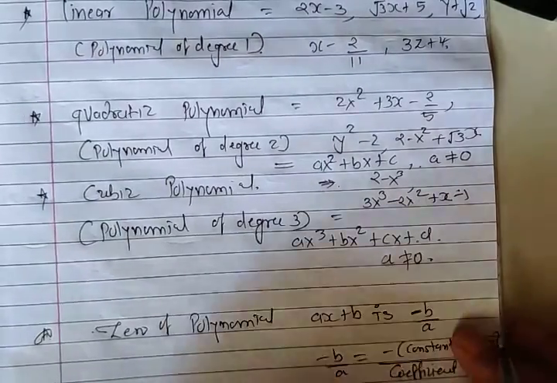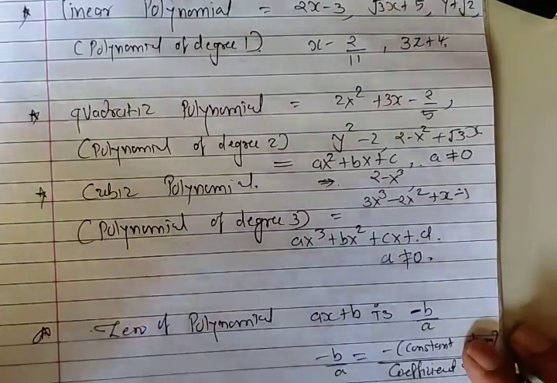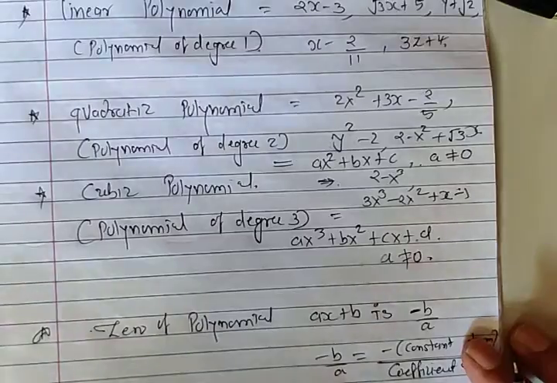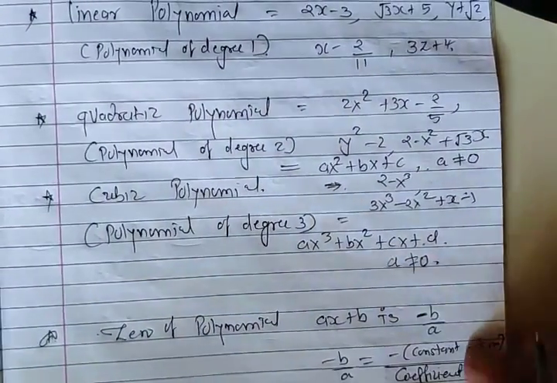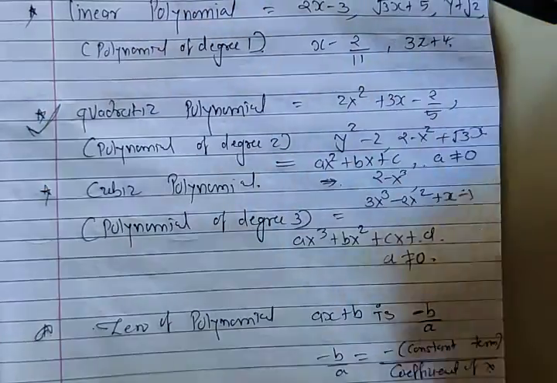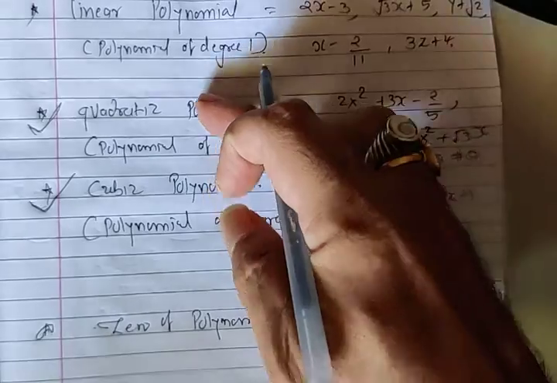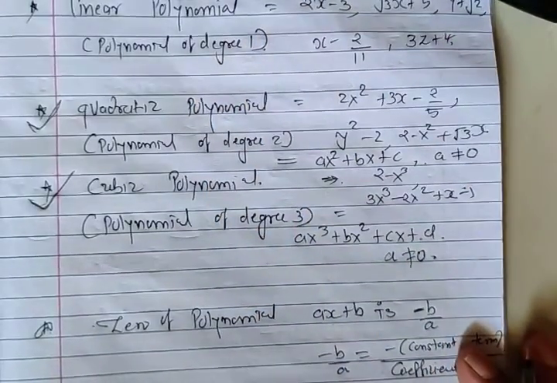This is the main condition which you have to keep in mind. Based on this, we have to find it out when we are plotting a graph. Here we are going to see a quadratic polynomial in one part, and a cubic polynomial in the other. Those two parts we are going to learn in this particular chapter.